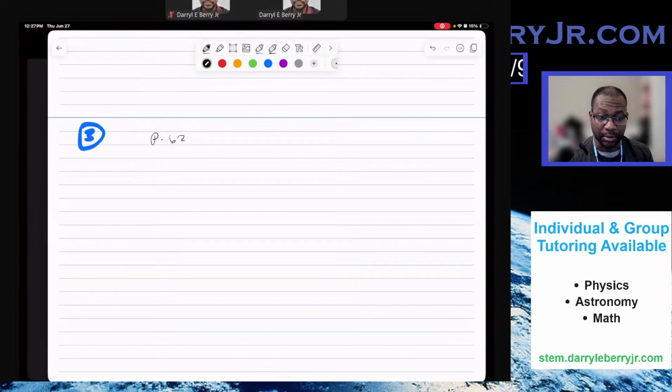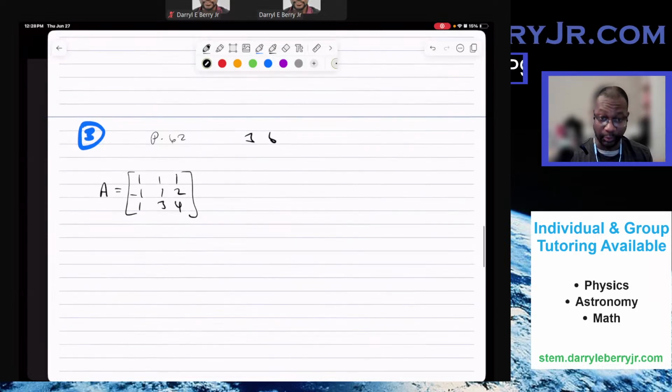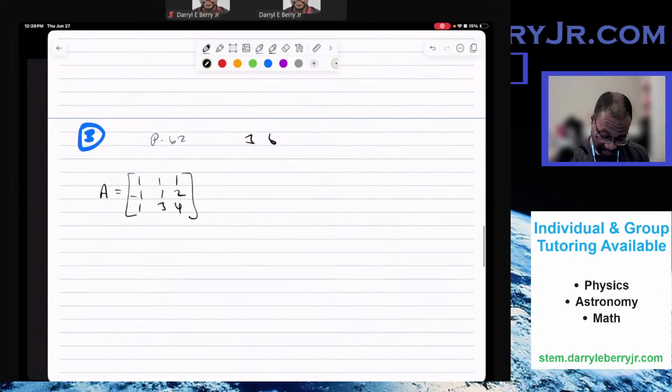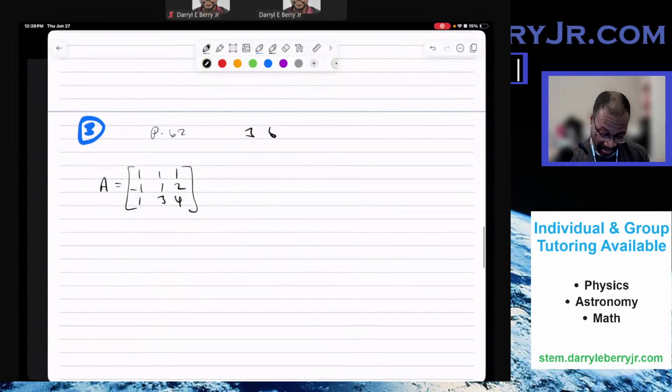Problem 3B, since it has the answer. So we have A equals 1, 1, 1, negative 1, 1, 2, 1, 3, 4. And we want the constraint equations that B must satisfy. This will actually give us the Cartesian equation for this system.